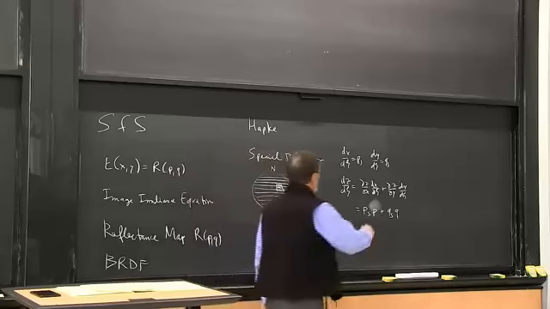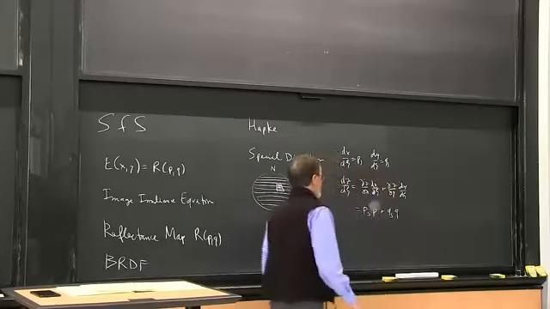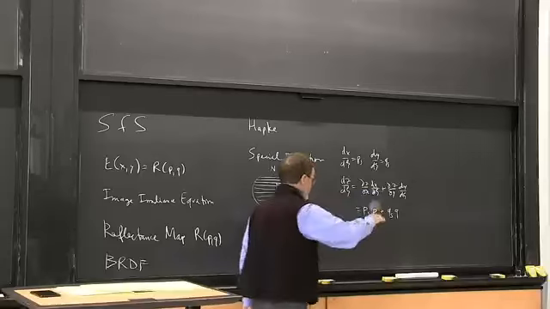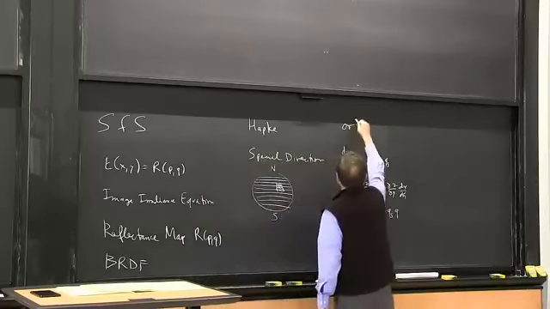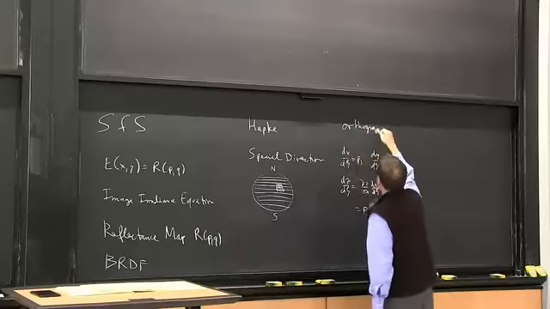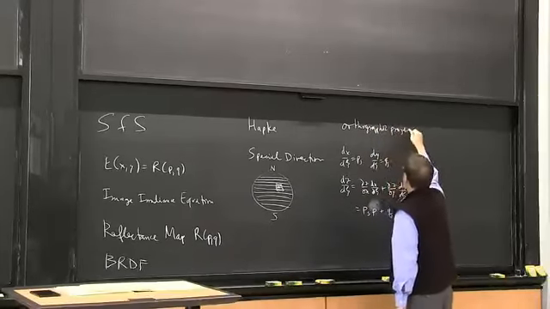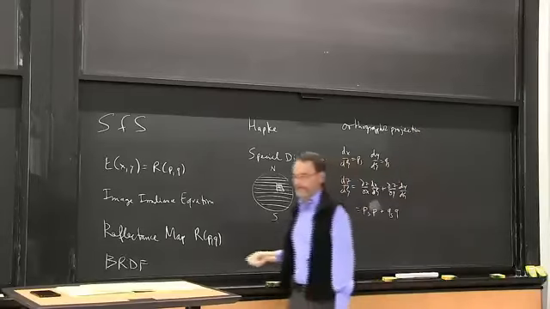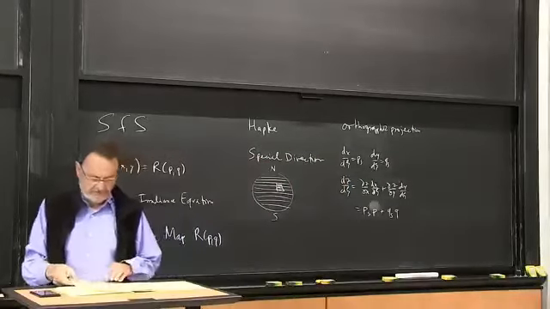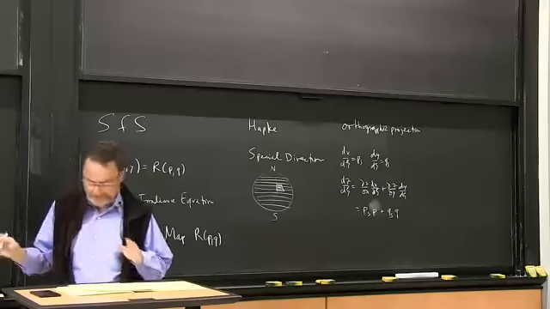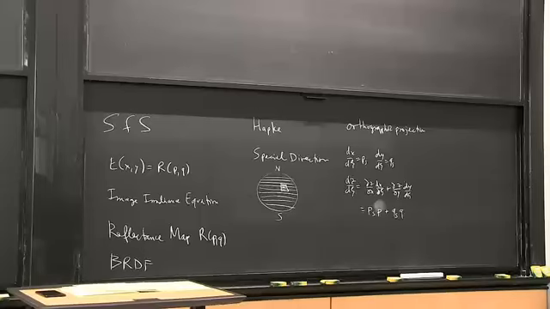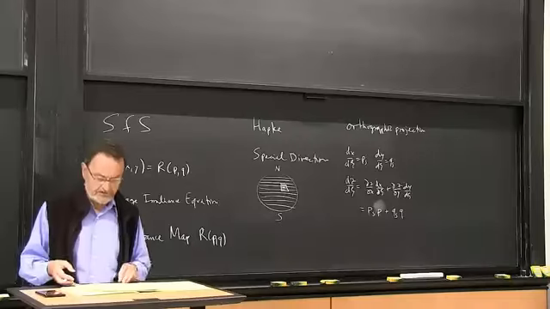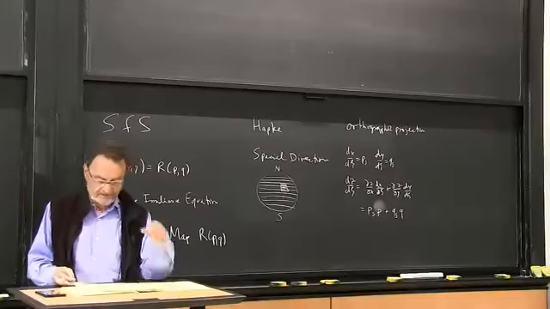Okay, so this is the rule we can use to take a small step. And we take a small step in the image based on that, and that corresponds to a small step in height. And I forgot to mention it here, but we're now assuming orthographic projection. That's an important point, which is that once we switch to dealing with brightness, we switch to orthographic projection. Why? Because it makes everything much easier. All of this can be done with perspective projection, and it originally was, but the math gets messy.